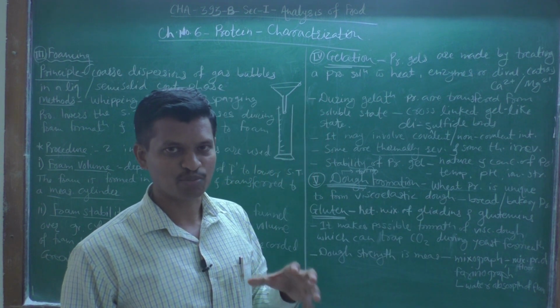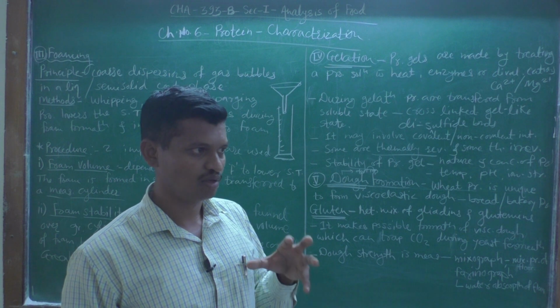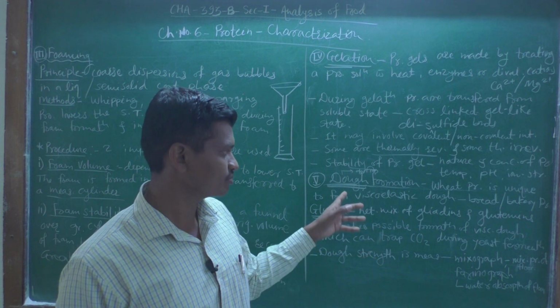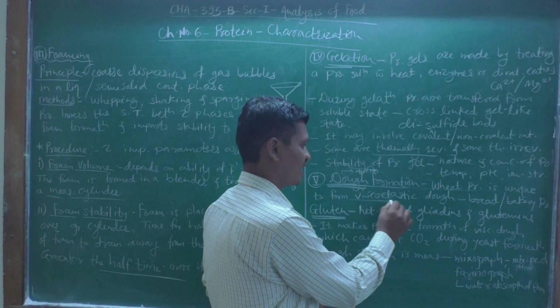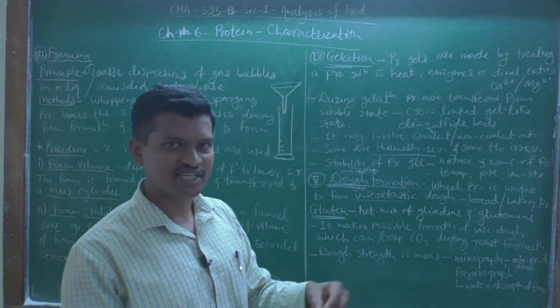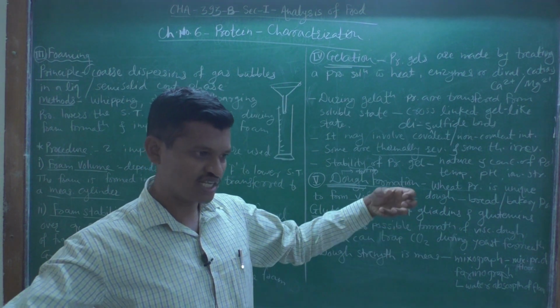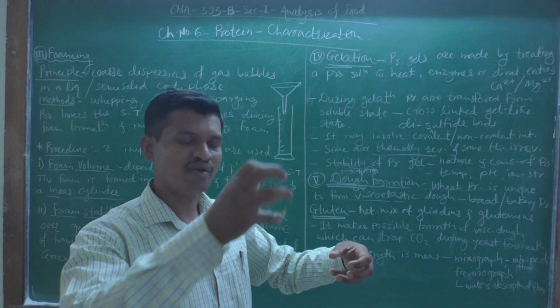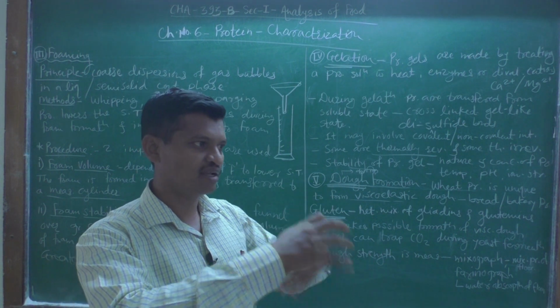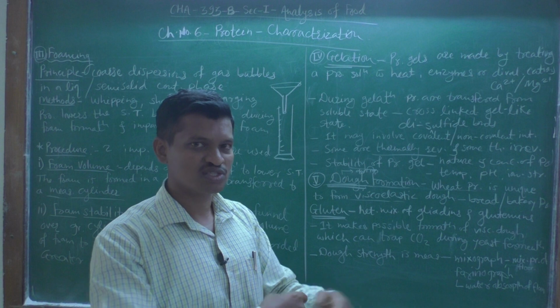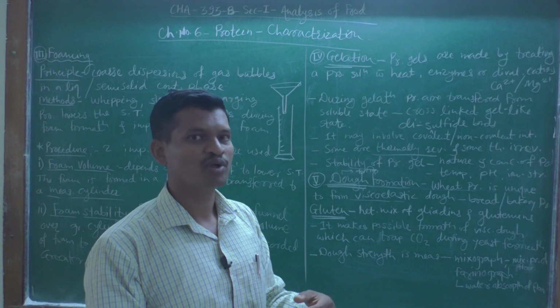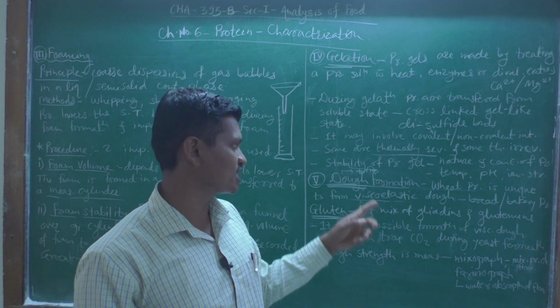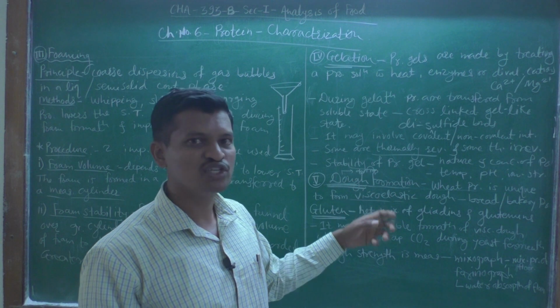Viscoelastic is a property of that protein or that dough material. It has some viscosity and it is elastic in nature, meaning when we add water to that wheat flour, then after the kneading process, the resulting material is called dough, and it has viscoelastic properties.